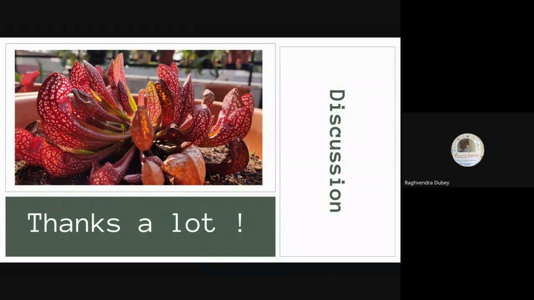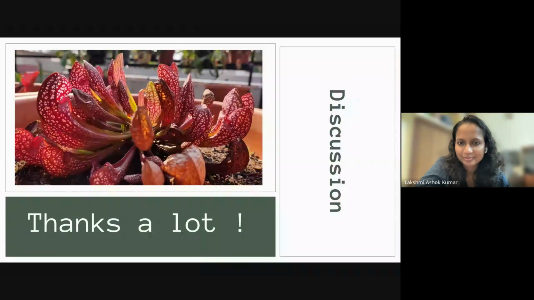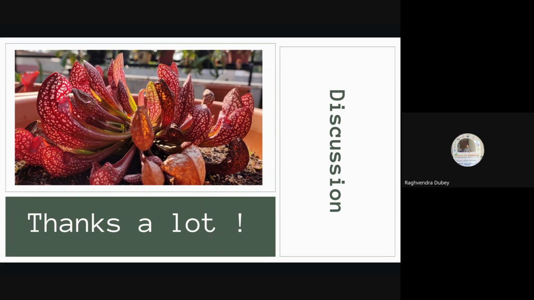But I don't know what the evolutionary relationship is, or what the consequences are that created this insectivory in plants, and the presence of this insect digestive enzyme chitinase, because the insect exoskeleton is made up of chitin.